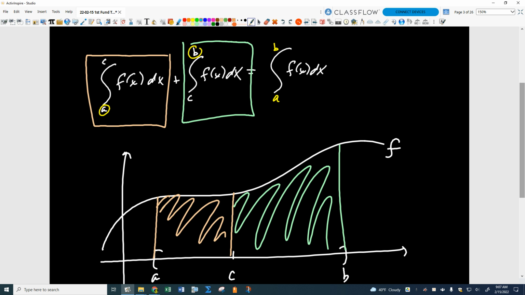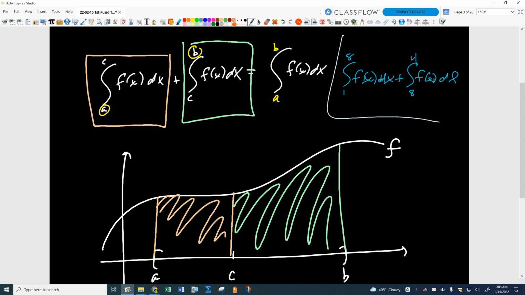Okay, you might be wondering what happens if C is not a number between A and B. Does it still work? Like what if we had, for example, something like this? What if I had the integral of some function from 1 to 8 plus the integral of the same function from 8 to 4.